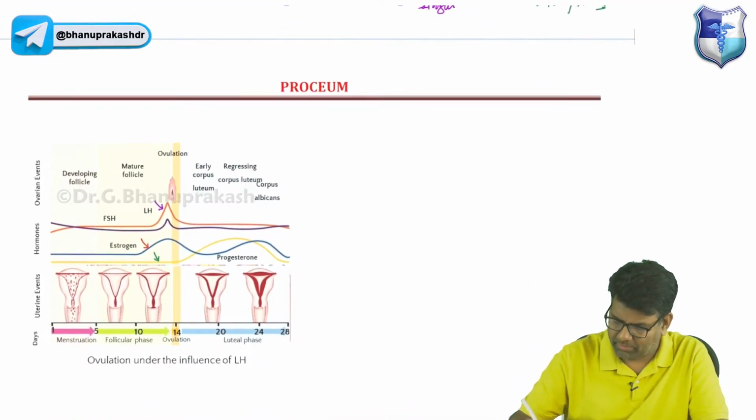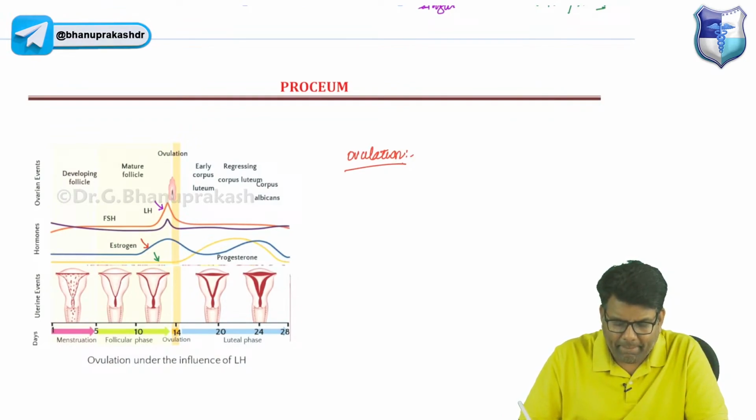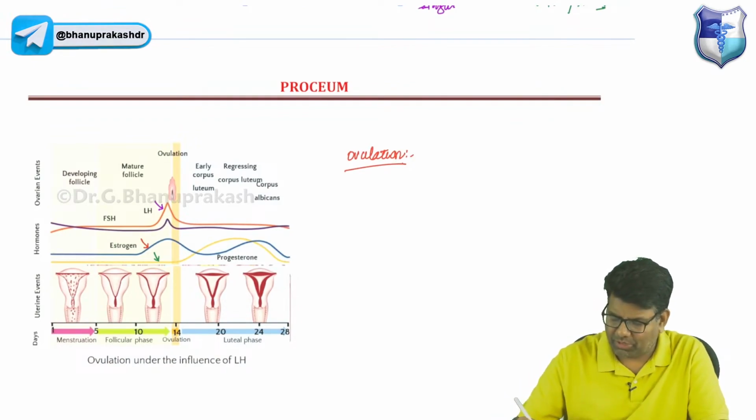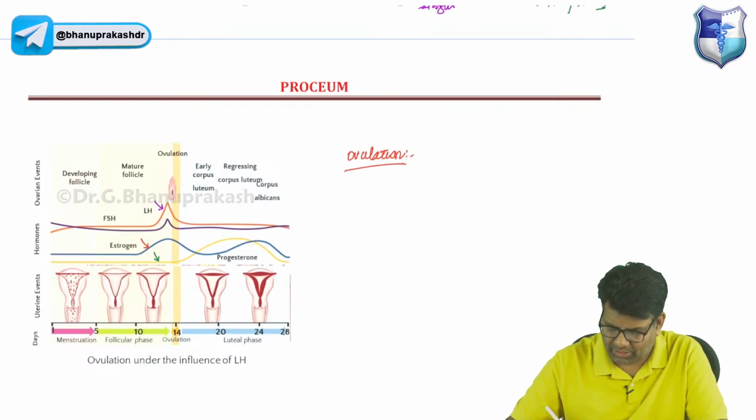And here one more thing, whenever we talk about ovulation, what is the time period for ovulation in a menstrual cycle? Yes, perfect. The LH surge starts around 24 to 36 hours before, and peaks about 10 to 12 hours before the ovulation.